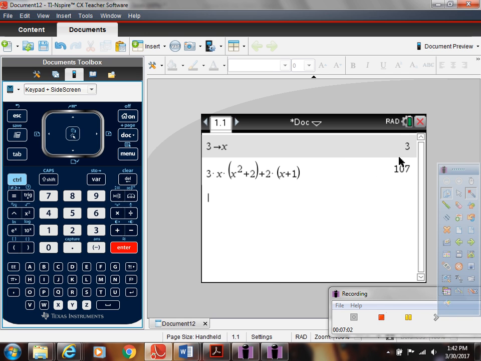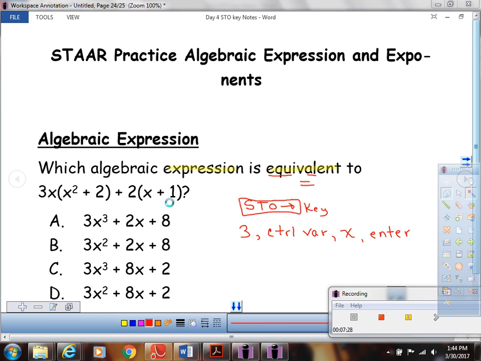So now what you can do is write that down. Like go to your problem and say, okay, this expression equals 107. So let's write it down. 107. So now all we got to do is try each answer to see which one gives us 107, and that will be the equivalent expression. Now, when you find an answer, please don't stop there.